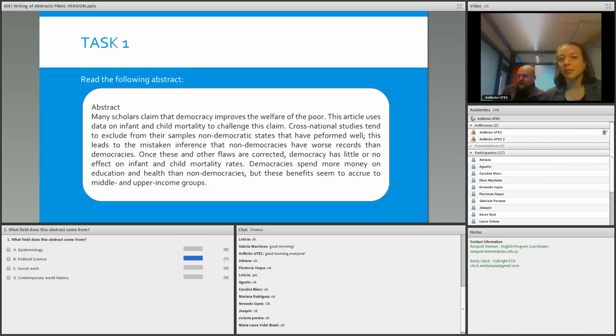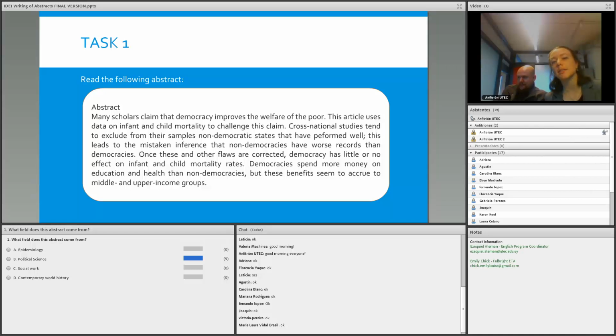Yeah, so I'll just go through and read the abstract so you can see what it says. So many scholars claim that democracy improved the welfare of the poor. This article uses data on infant and child mortality to challenge this claim. Cross-national studies tend to exclude from their samples non-democratic states that have performed well.